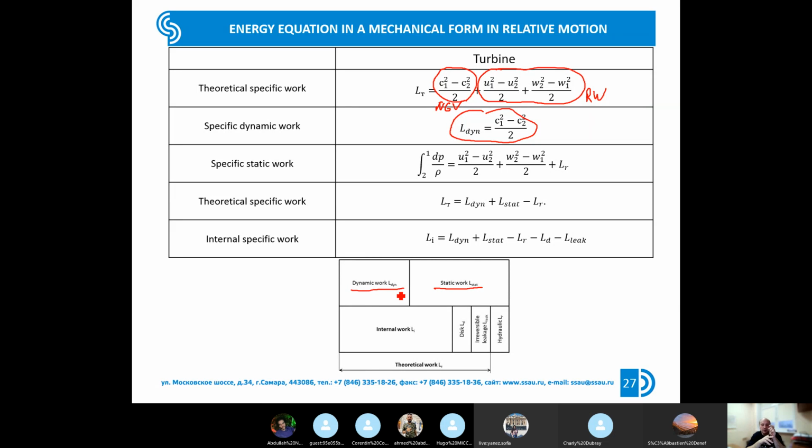Because we change the kinetic energy of the flow, and because we change the potential energy of the flow, finally we receive such a quantity of energy. So, in other words, we have a process of changing of kinetic energy and a process of changing of potential energy in the flow path of the turbine.